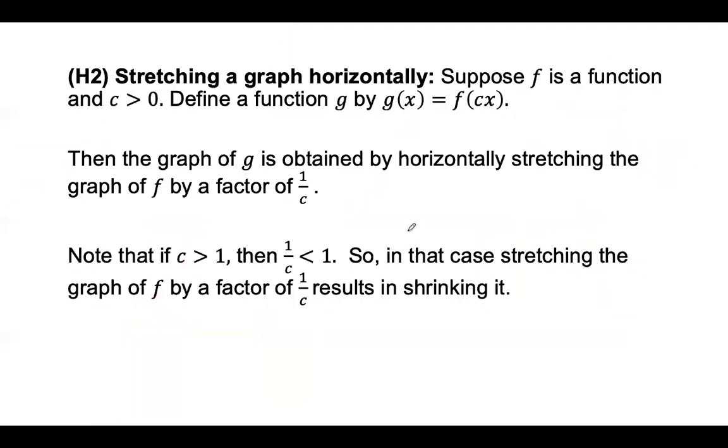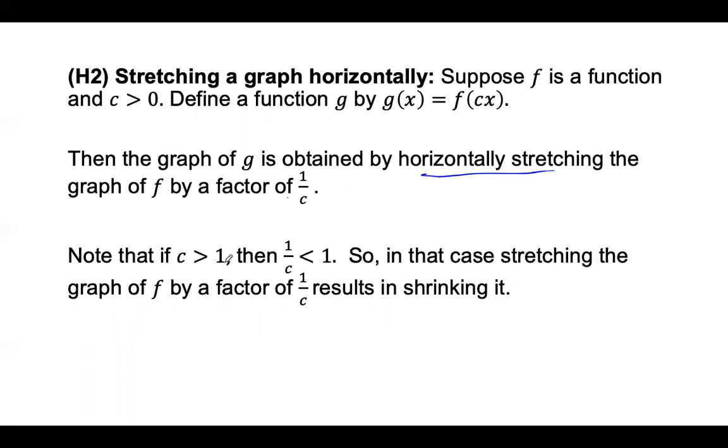Okay, so stretching a graph horizontally. Suppose f is a function and c is greater than 0. Define the function g by f of c times x, with c multiplied by x within the argument of the function. Then the graph of g is obtained by horizontally stretching the graph of f by a factor of 1 over c.